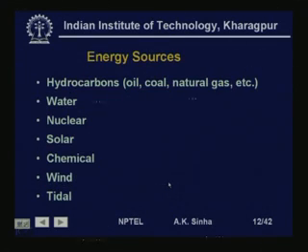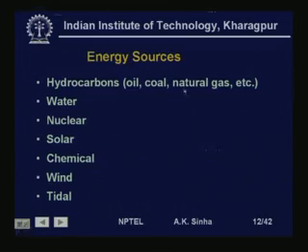So, here if we see, based on the energy sources, if we are using hydrocarbons, that is oil, coal, natural gas, etc., then oil and coal plants are generally called the thermal power plants, because oil and coal is burnt in a boiler, and the heat of this is used to make steam, which is used to run steam turbines. Similarly, natural gas is burnt in gas turbines and produces electrical energy. So, we have gas turbine units.